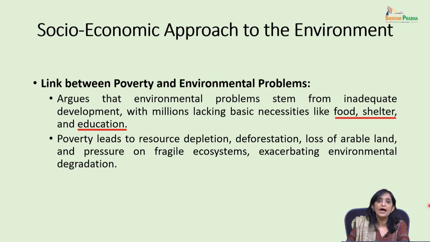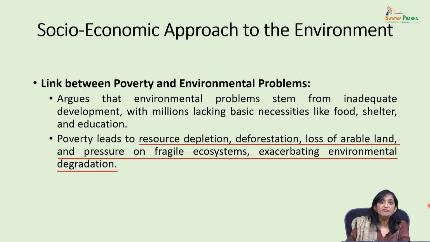Because they do not have access to these, and the economic development has not reached these people, they live in abject poverty. Due to this poverty, they overexploit the resources, leading to resource depletion, deforestation, loss of arable land, and pressure on the fragile ecosystem, which exacerbates environmental degradation.